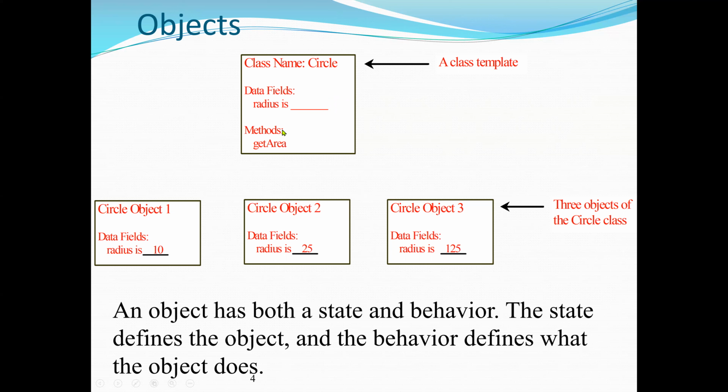And the method can be get area. If we like, we can also include the setter and getter methods, for example get radius or set radius. Get radius will return the value of the radius, and set radius can change or modify the value.